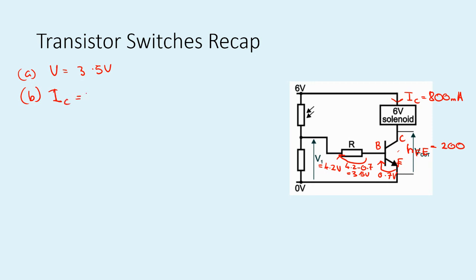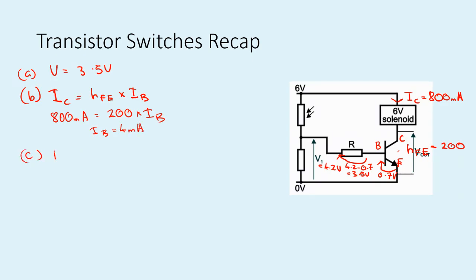So we have this equation, which is on your data sheet, of course. So we've got 800 milliamps is equal to 200 times IB. So the base current is 4 milliamps.